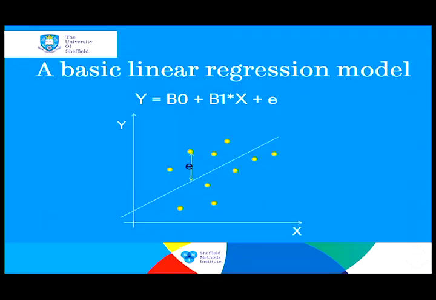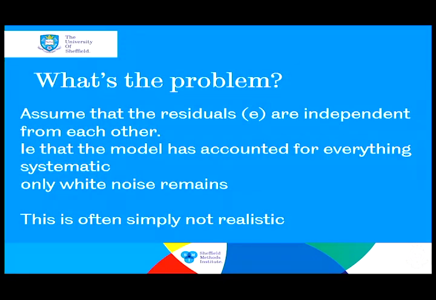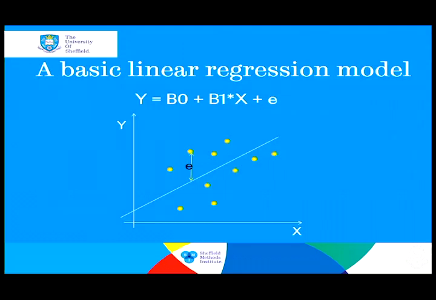And that's fine. This model is okay, but there are some issues with this model, because when we're running these models, we're making some assumptions. And one of the assumptions that we're making is about the residuals, that's the stuff that we don't know about, right? The reason why this point is higher than the line.